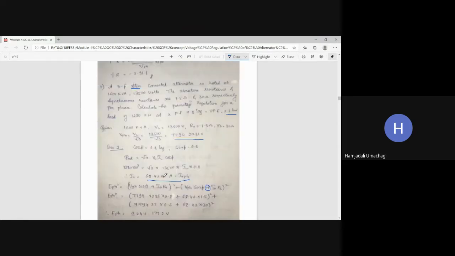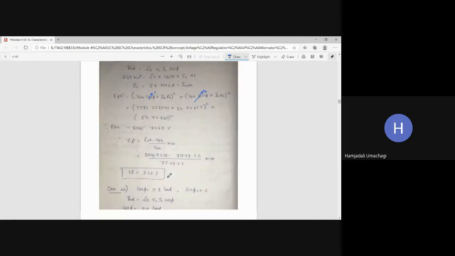So cos phi 0.8 lead means IL is equal to 68.426 ampere. If you want, you can cross check it once again. For case 1, IL is equal to 68.426 because there also P out is equal to root 3 VL IL cos phi. P out is 1280 into 10 raised to 3, root 3 VL is 13,500, IL we have to calculate, and cos phi is 0.8. So this remains the same even for leading power factor, where IL is equal to IAPH is equal to 68.4266 ampere.